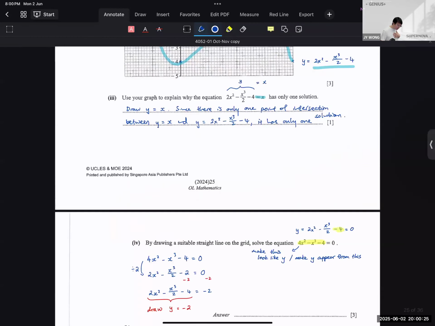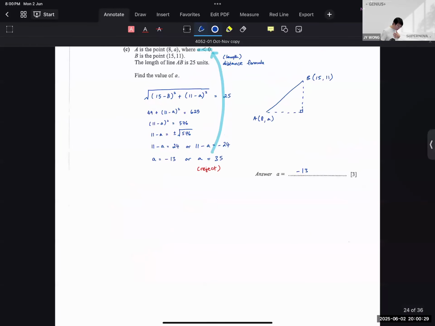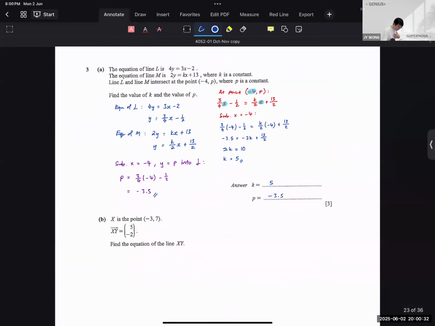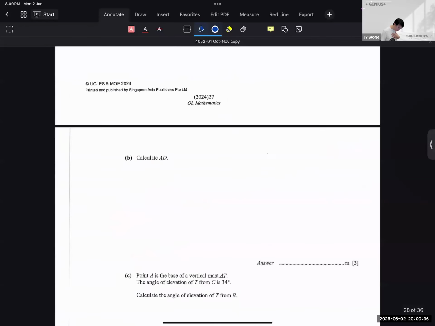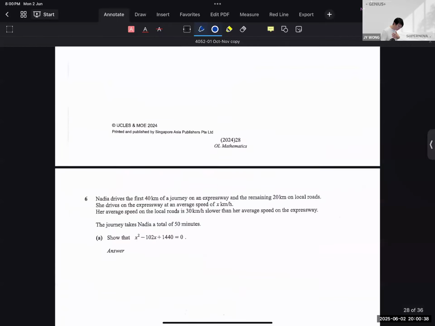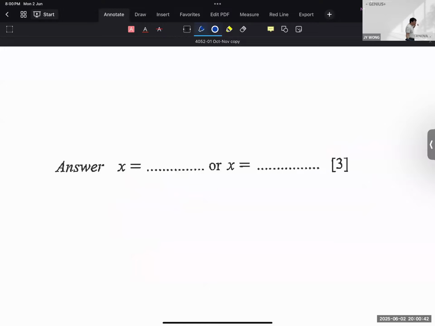It's very strange sometimes because later on we see got 2 solutions, they are very friendly. They put x equals to this or this.